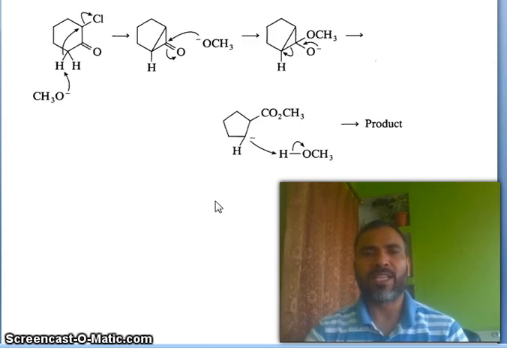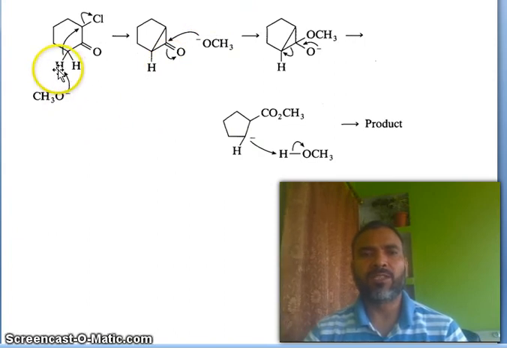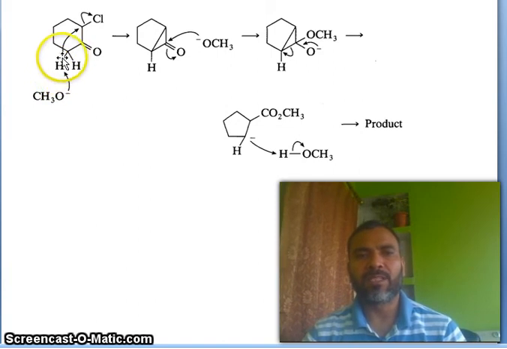So what is the mechanism? You can see this base is approaching this proton through this curved arrow. The base attacks this proton, and at the same time these electrons form a bond between the carbons.